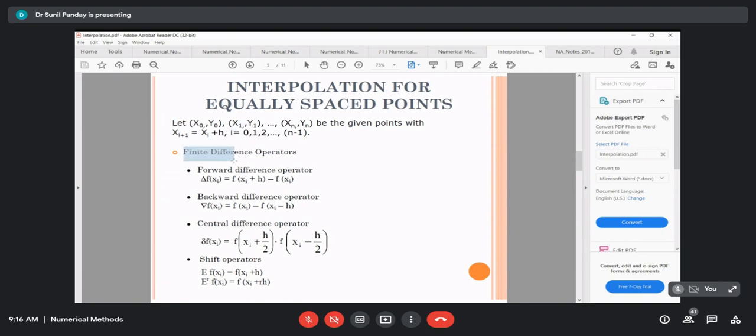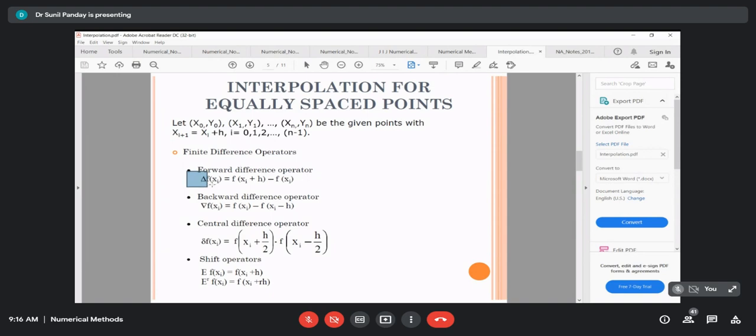So first we learn some operators known as finite difference operators. The first one is our forward difference operator. The forward difference operator is denoted by this delta, this upper triangle, and is known as the first forward difference operator.